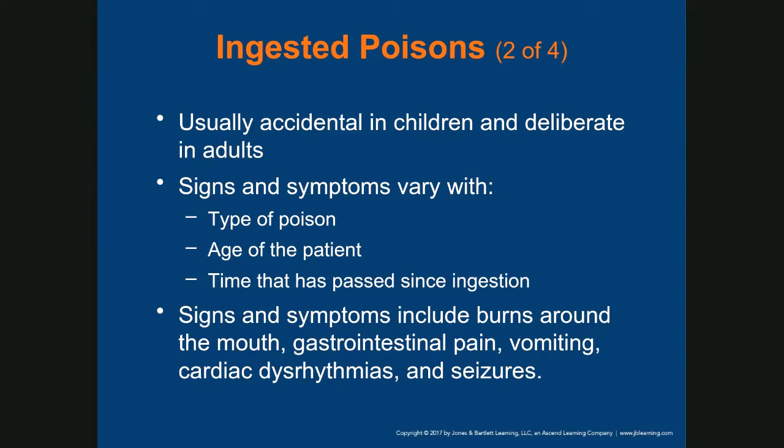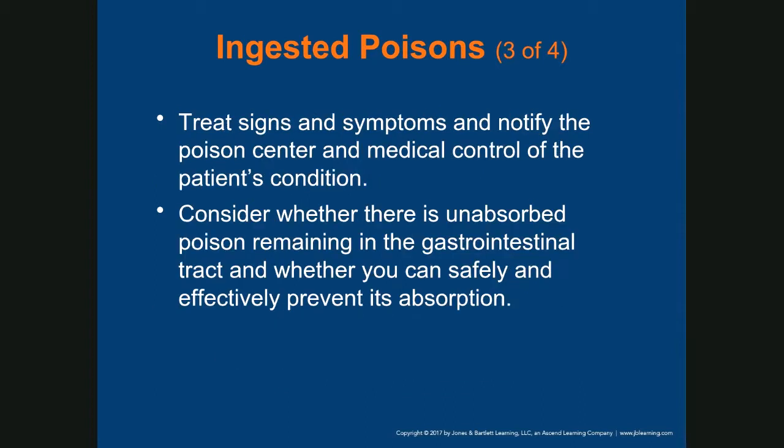Signs and symptoms vary with the type of poison, the age of the patient, and the time that has passed since ingestion. Signs and symptoms will include burns around the mouth, gastrointestinal pain, vomiting, cardiac dysrhythmias, and seizures. Treat signs and symptoms and notify the poison center and medical control of the patient's condition.